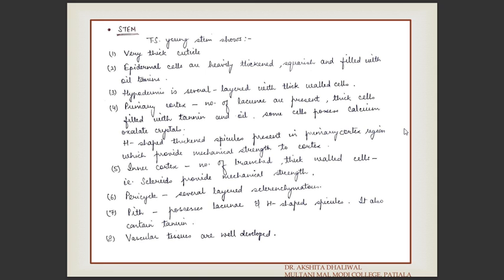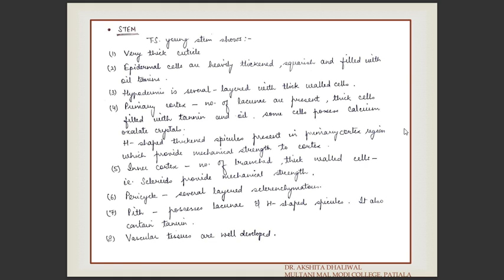Next is the stem. The young stem of Rhizophora shows a very thick cuticle. Epidermal cells are heavily thickened, squarish, and filled with oil and tannins. After the epidermal cells, there is hypodermis which is several layered with thick-walled cells.